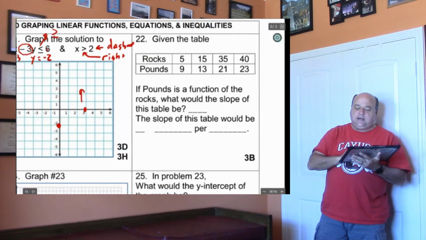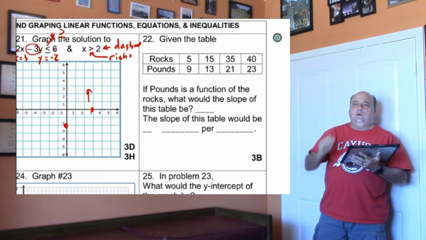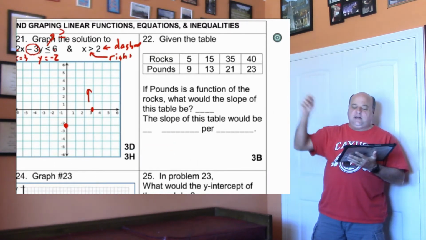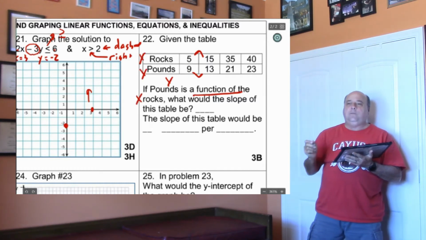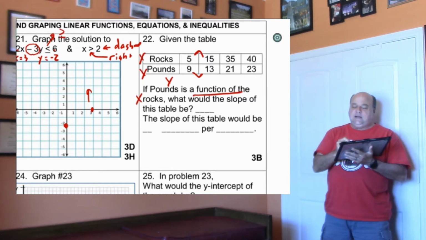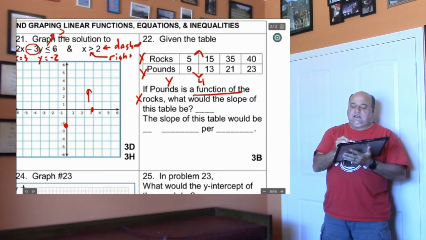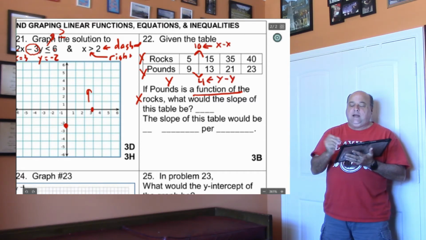I'm going to let you finish that up. This is the way I would do the slope. I would not do y2 minus y1. Just pick two of them and get the difference. Now underline function of y and x. This will go on top. So 13 minus 9 is 4, and 15 minus 5 is 10. This is your x minus x, and this is your y minus y.